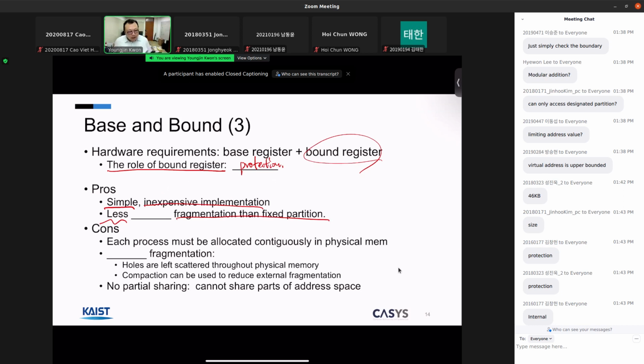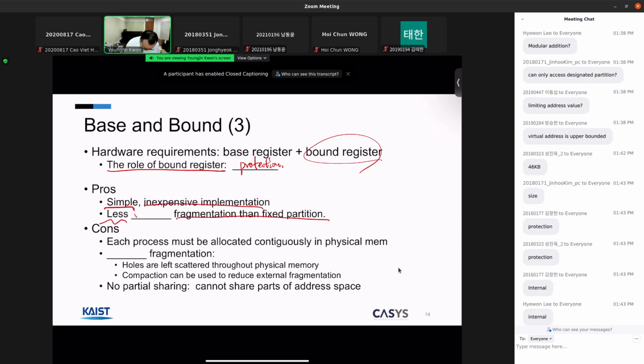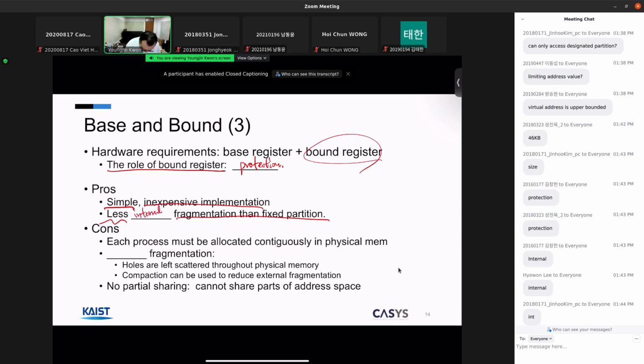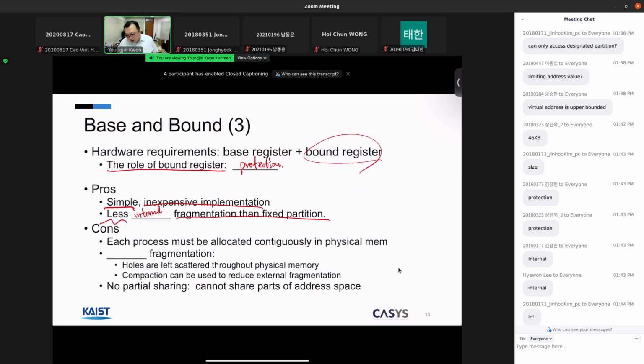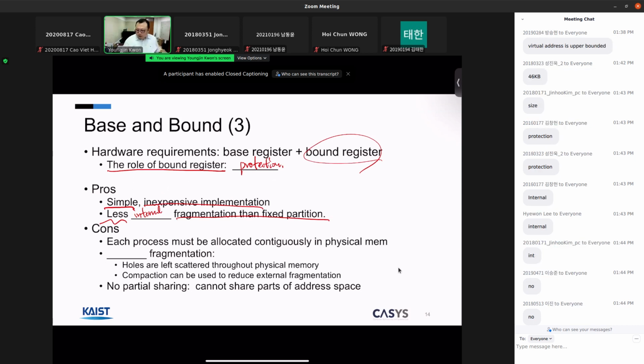Less what? Internal. Does this mechanism completely eliminate internal fragmentation? No. Internal fragmentation still happens, but much less.